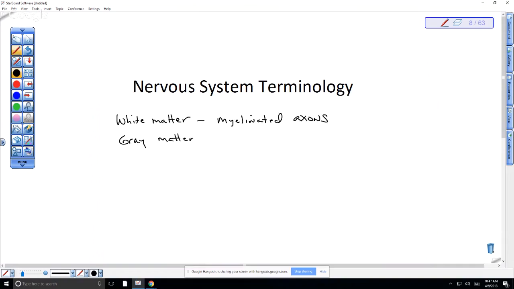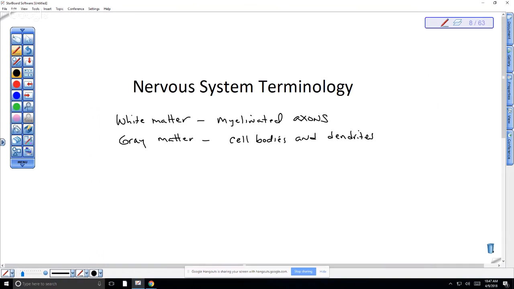So we know where we see white matter in the brain and in the spinal cord, that's where we have these myelinated axons that are running in groups together, in bundles together through the nervous system. So the gray matter would be the cell bodies and the dendrites. That would be your gray matter.